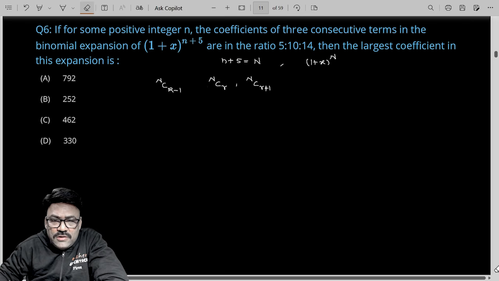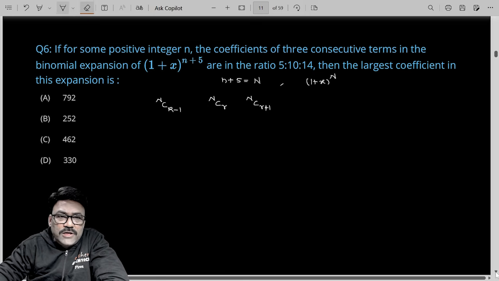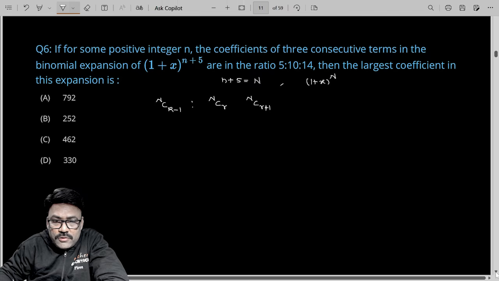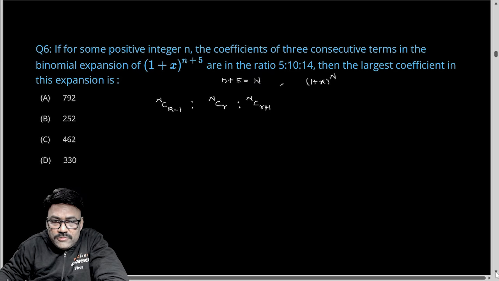And the ratio of these 3 consecutive binomial coefficients is 5, 10, 14.